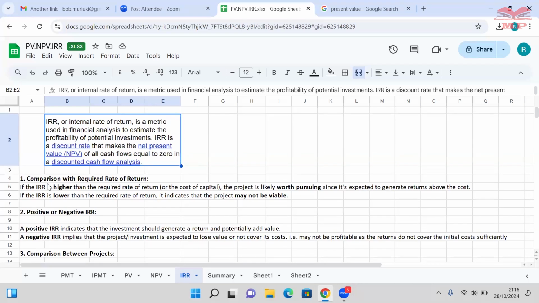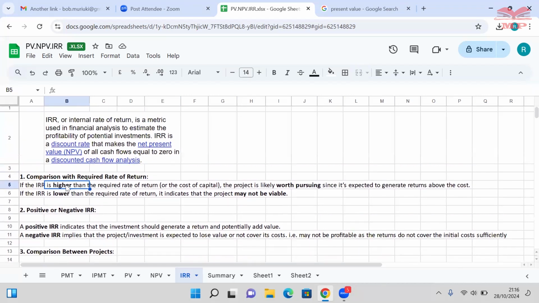Let's just look at this definition that makes the net present value of all cash flows equal to 0. So the aim of the IRR formula is to make the net present value of cash flows equal to 0. Okay. And so how do we interpret this?